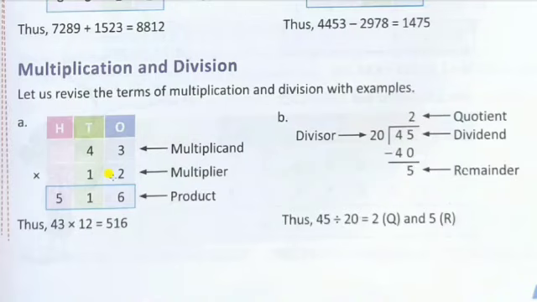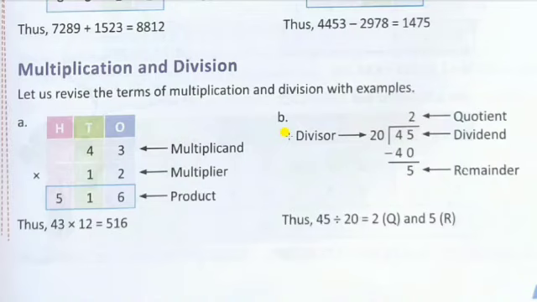Then 12 into 4 is 48. In 48, when we add 3, it becomes 51. So we write 51, the 5 here, and copy the 5 as it is. This way we can say 43 multiplied by 12 is 516.